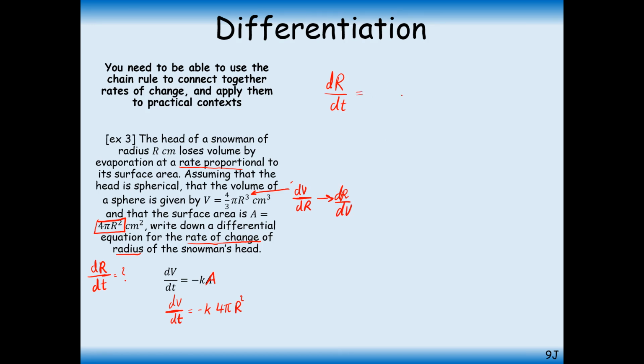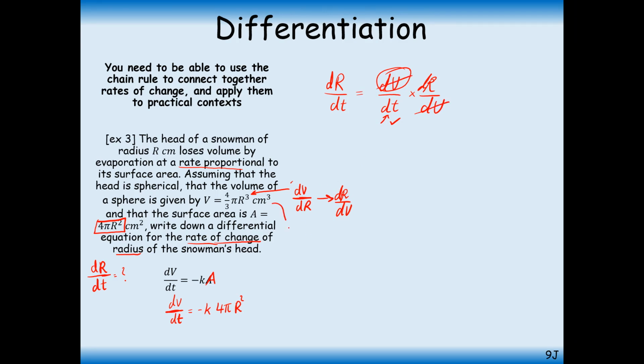Okay, so because we have dv here and dt is in the denominator, which is what we want, that's a good thing, but somehow we need to get rid of this dv and get dr in its place. So dr here, if we take its reciprocal dv by dr, we get this nice cancellation that we need.